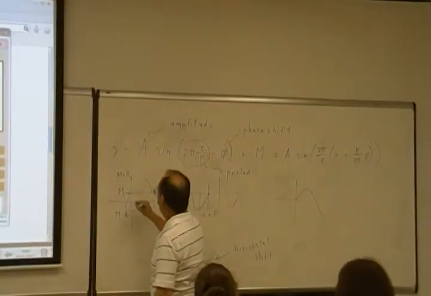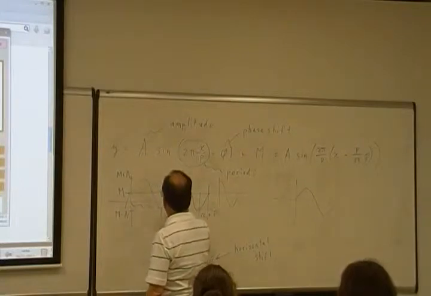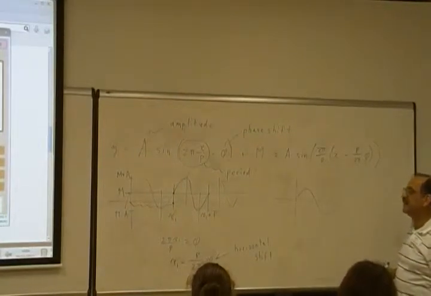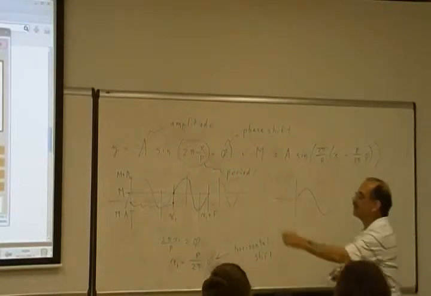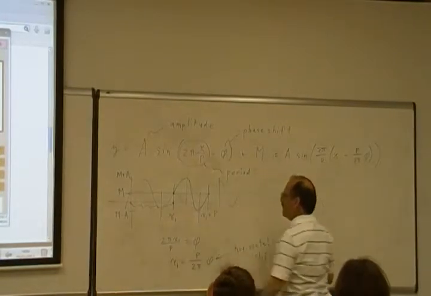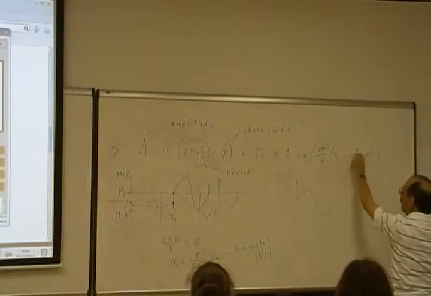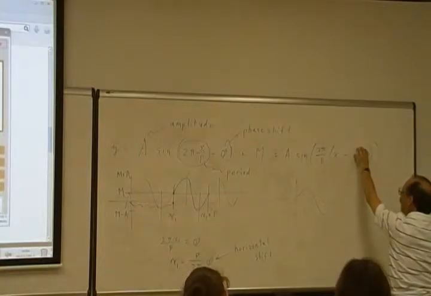The question is, what is the angle change from 0 through to here? It is not just a change in x, it's a change in x modified by this 2 pi over p. The amount that is horizontally shifted is by p over 2 pi times 5.